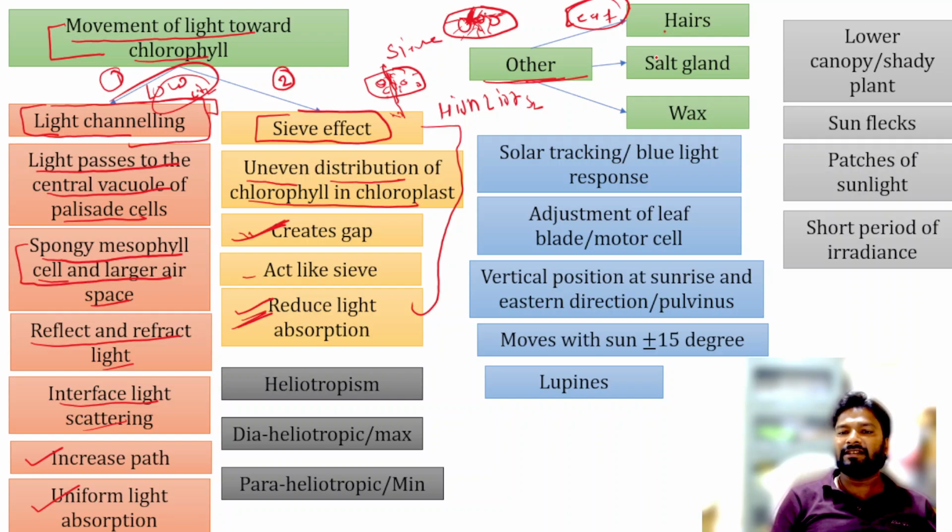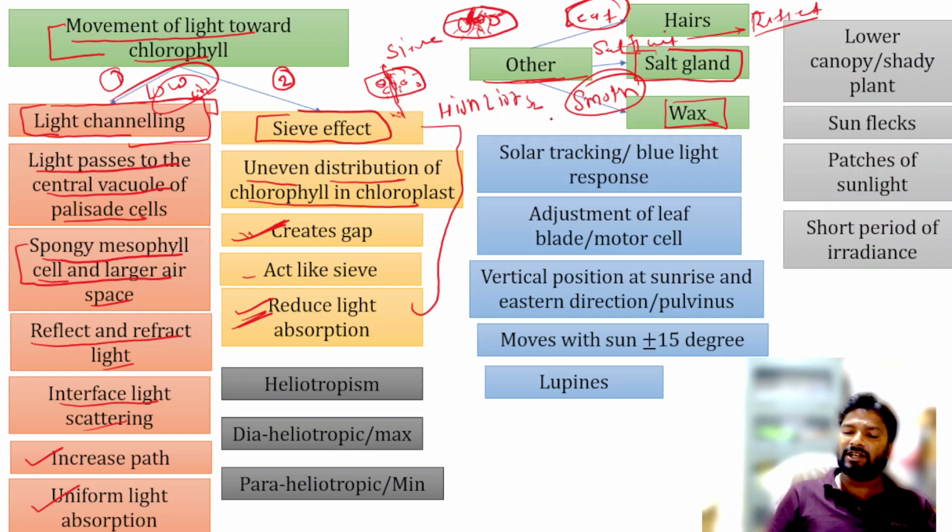Okay, then salt glands. So salt glands emit some salty water. So this also reflects the light. Okay, and wax. So the presence of wax makes the surface smooth.